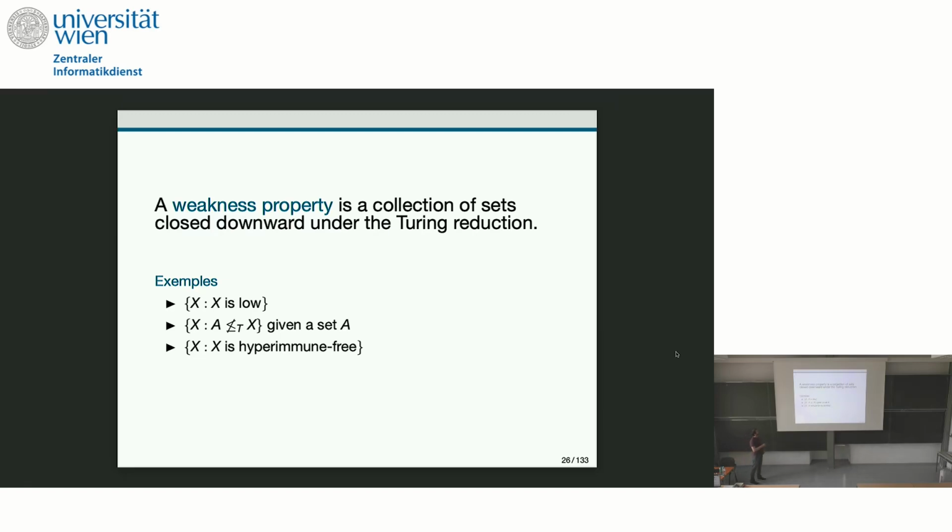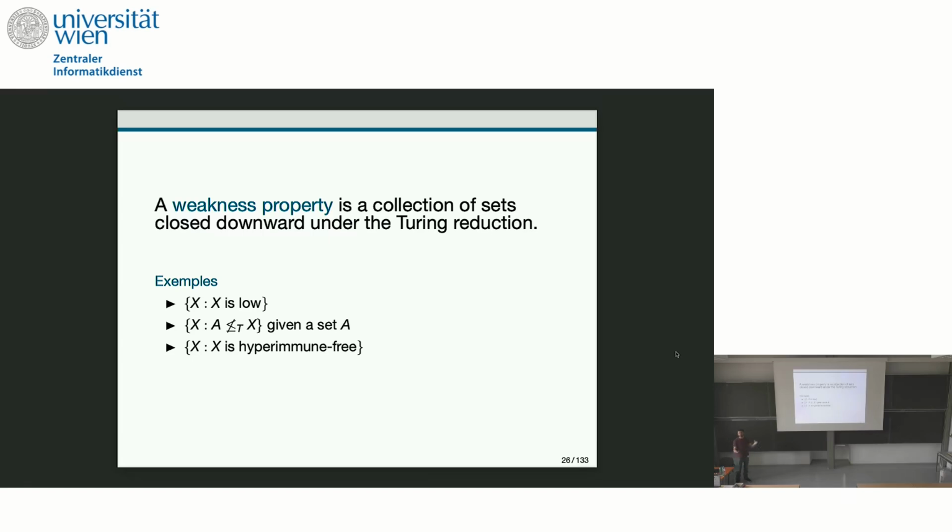So if x is low and x computes y, then y is low as well. But there are also other examples, such as the collection of x which do not compute a fixed set A. So this is a weakness property. Or being hyperimmune free, which means that every function that you compute is dominated by a computable function. So this is also a weakness property.